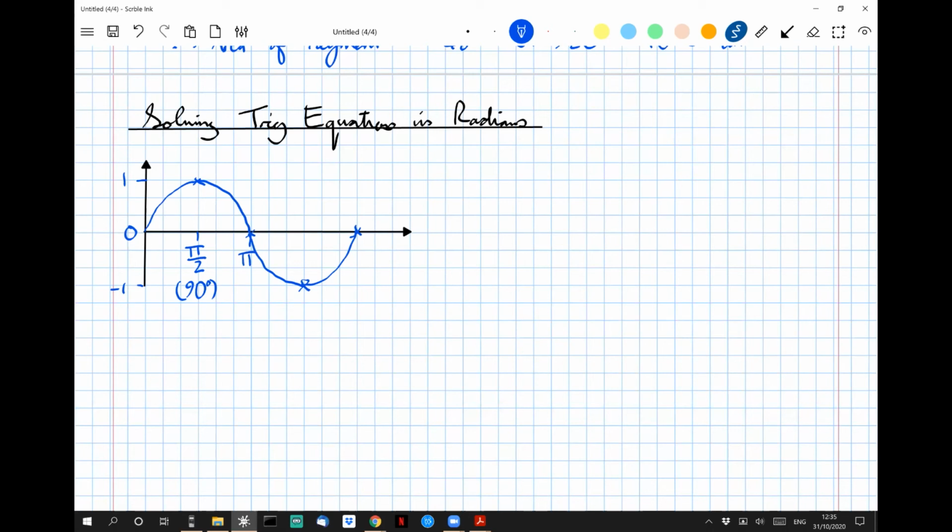So 1/2 pi, 2/2 pi, 3/2 pi, 4/2 pi. And it helps to try and think in radians. I'm putting the degrees there just for now, but it really helps to start thinking in radians, thinking in pi over 2s rather than in 90 degrees.